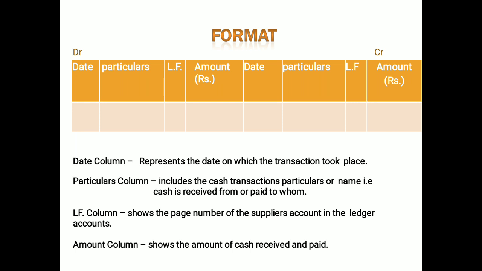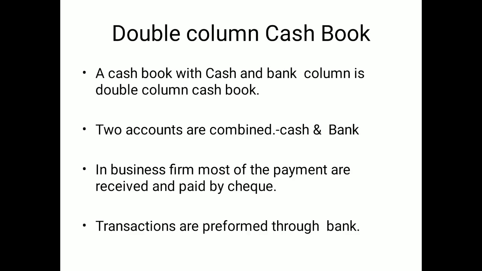The LF column shows the page number of the ledger folio. It means that after this, the ledger posting will be maintained, and this will show the page number of the ledger account. And the amount column shows the amount received on the debit side, and on the credit side the amount paid. This is the format of the simple cash book.